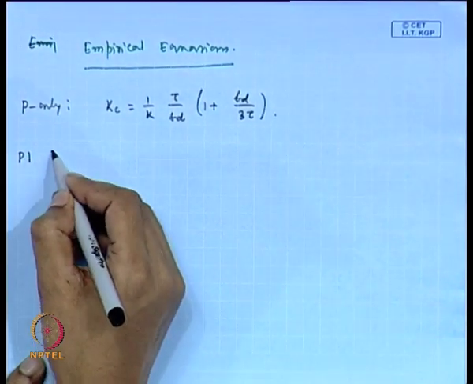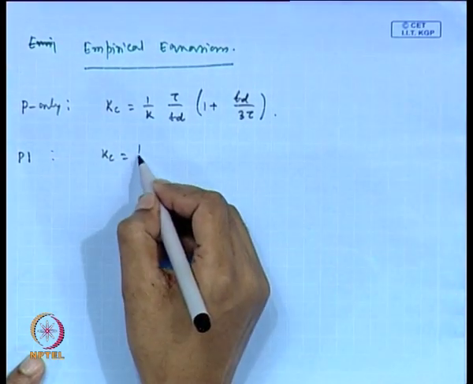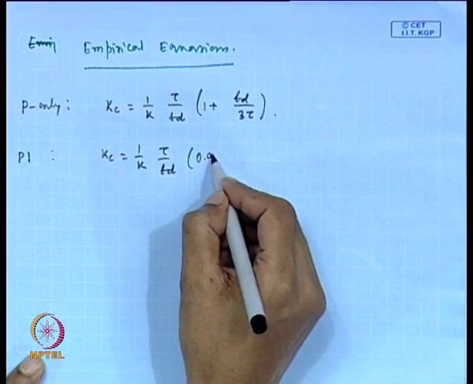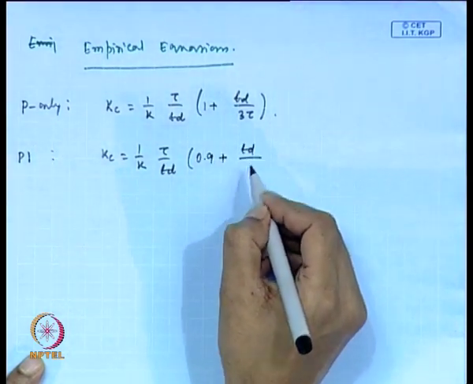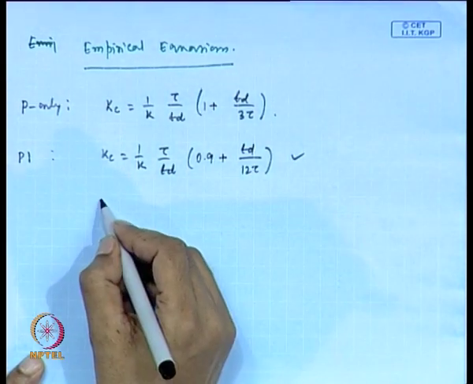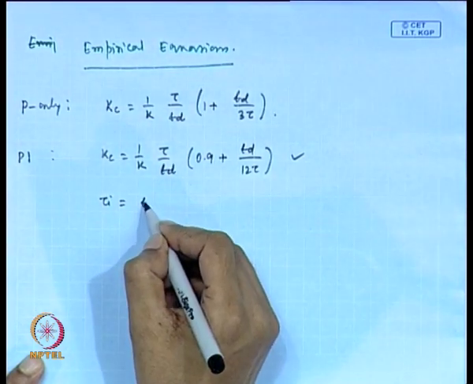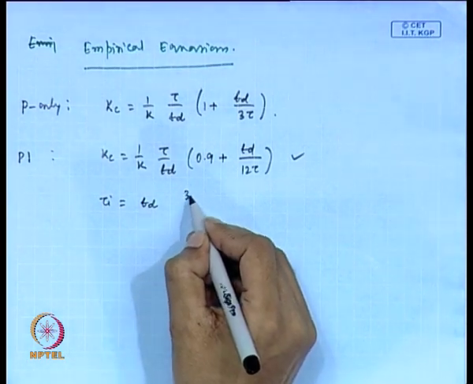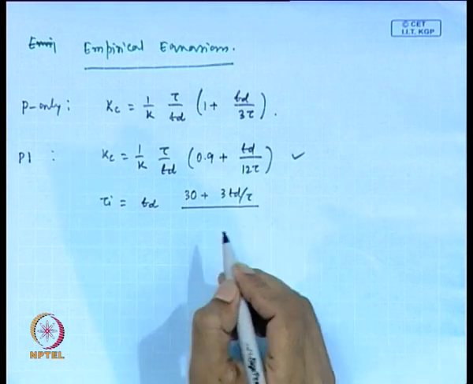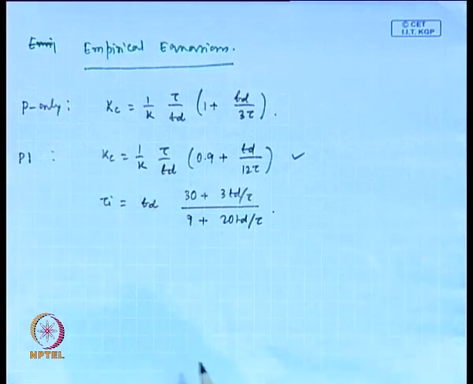For PI controller they got two equations, one for Kc and another for tau I. This expression they got for Kc, and for tau I they obtained tau I equals Td times 30 plus 3 Td by tau divided by 9 plus 20 Td by tau.